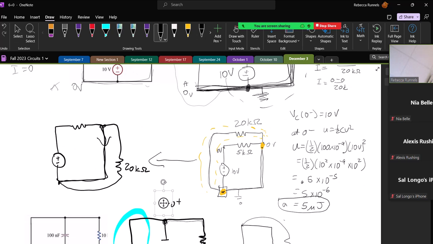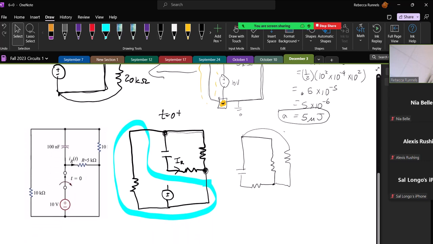I just took it from where it was and folded it over. I can do that. Everything still has all the same connections. That's what's important. Now I can see that it is in parallel with a short. So if any current comes here, it's not going to go through that resistor. It's going to go through the short. That's another way to see that there's no current flowing through that resistor.